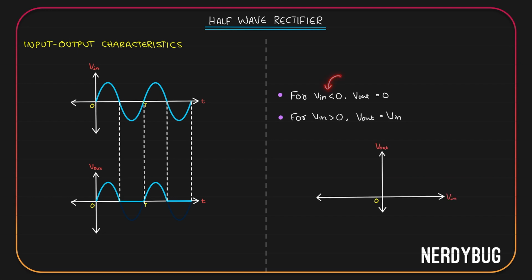When the input is negative, output is 0. That means the slope of the graph, which is V output divided by V input, will be 0. We can plot it on the graph like this. Again, when V input is positive, V output is equal to V input. The slope V output divided by V input will be 1. So we get a straight line whose slope is 1.